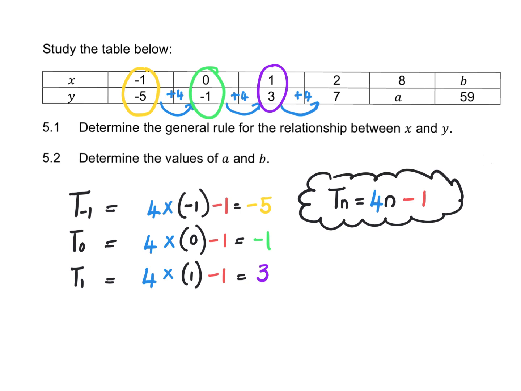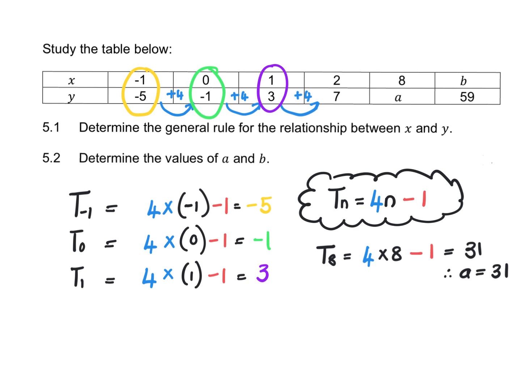Now, having a formula like this is really going to help us to find the value of A and B. To find the value of A, it seems like I need to find the value of pattern 8. So over here, I'm going to say 4 times 8, which is 32. And if I minus 1, that gives me an answer of 31. Therefore, A equals 31.